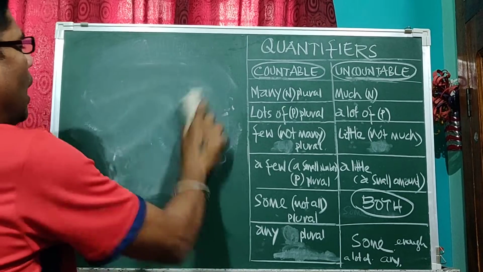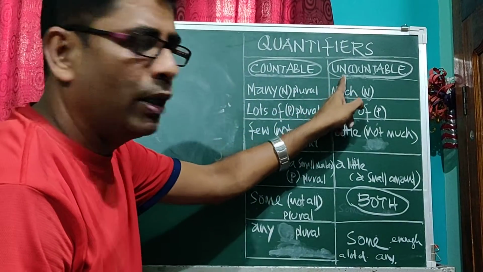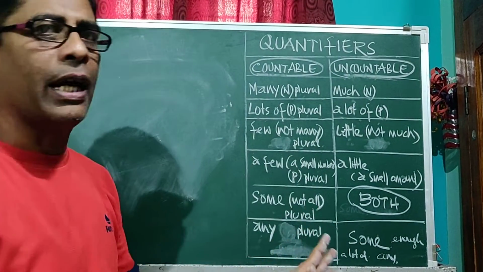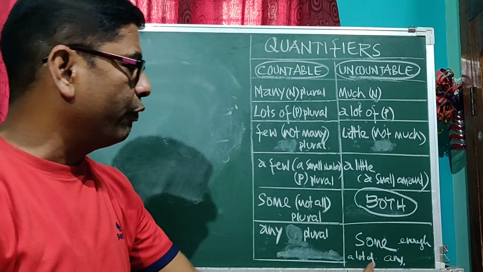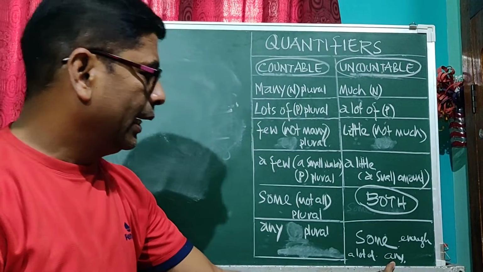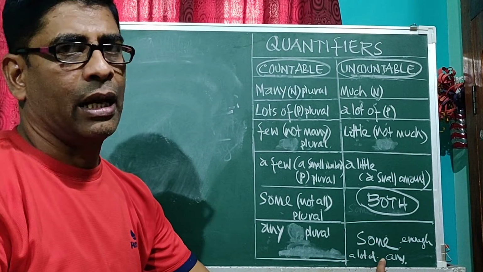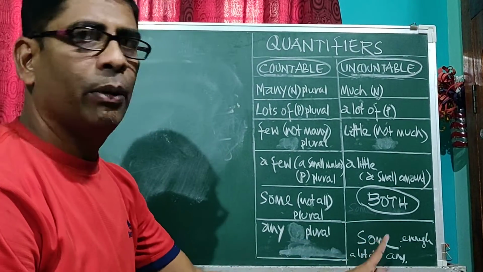So this is all about countable and uncountable nouns, and some quantifiers we can use with both countable and uncountable, like a lot of, enough, any, lots of, some, etc. I will give you one example.